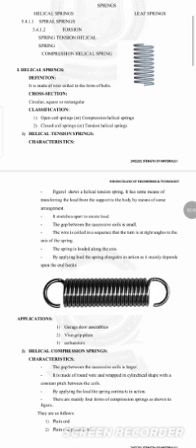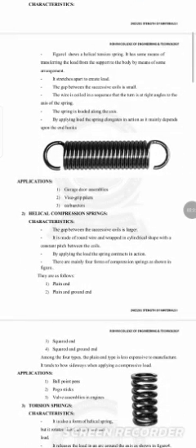The spring is loaded along the axis. By applying loads, the spring elongates in action, as it mainly depends upon the end hooks. Applications: garage door assemblies, vice grip pliers, and carpentry.